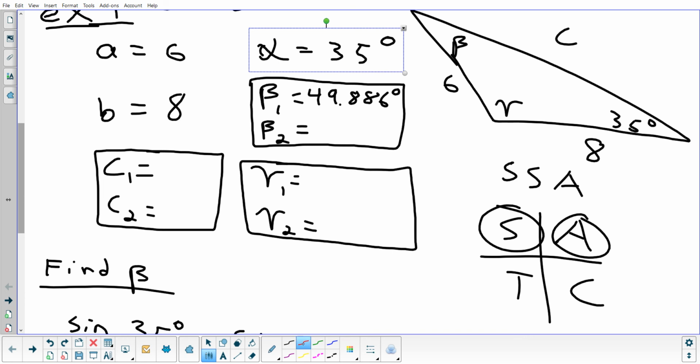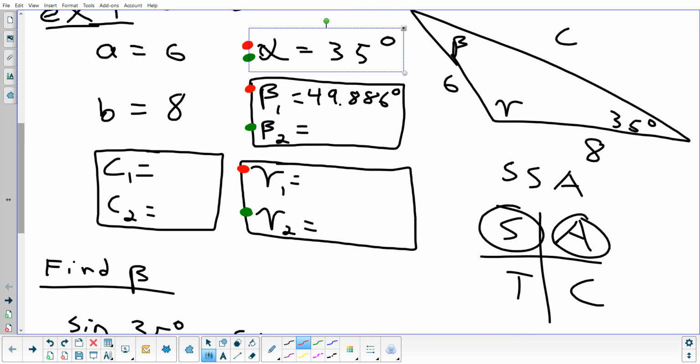If you want to think about it like color coding, if that helps, alpha is in the red problem. Beta 1 is the red problem. And gamma 1. Those 3 angles are all in the red problem. Green problem has alpha, beta 2, and gamma 2. So the 3 green angles are all together in a different problem.